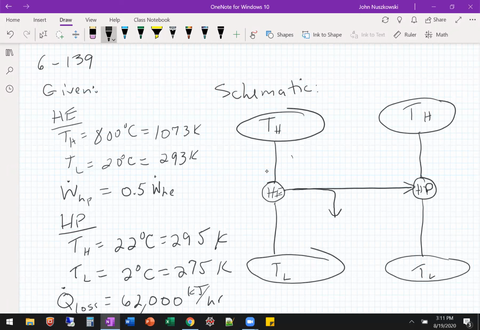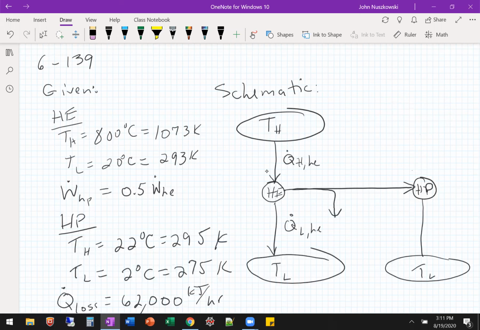So there's the Q dot H for the heat engine, Q dot L for the heat engine. Actually, I'm going to do this up here, as that's the house.